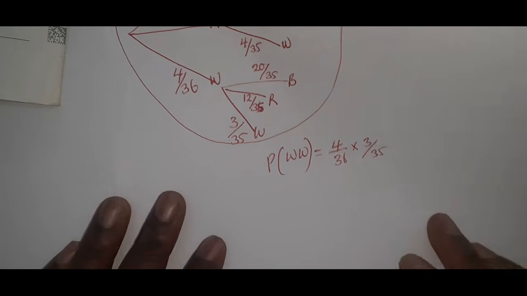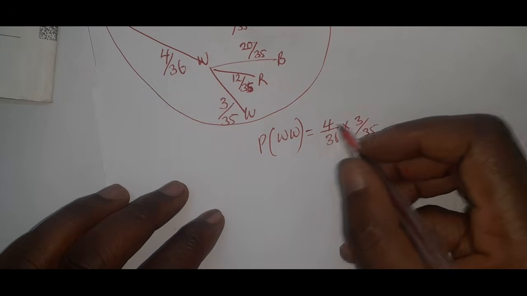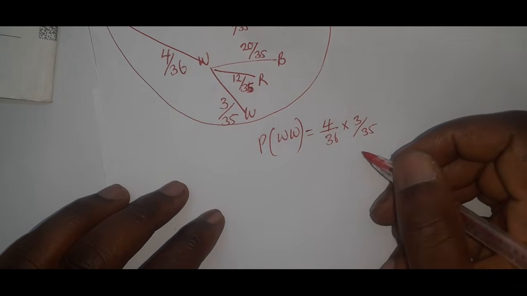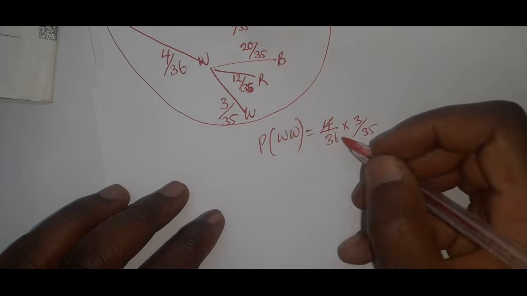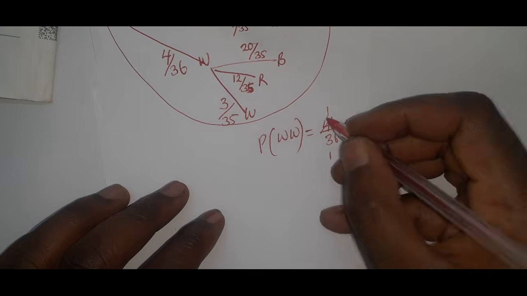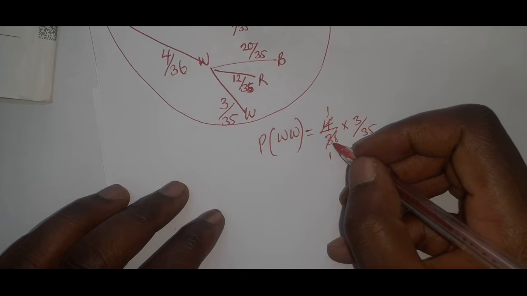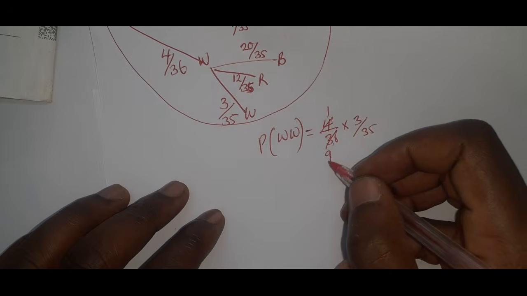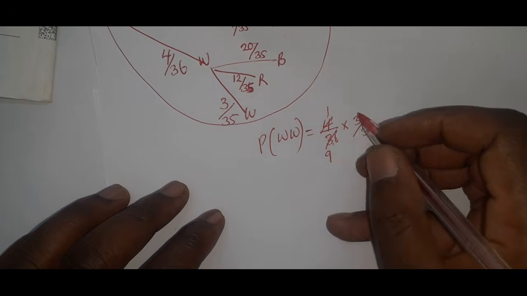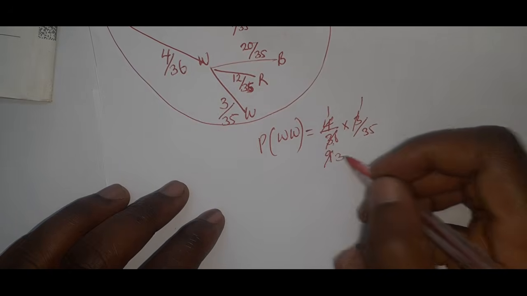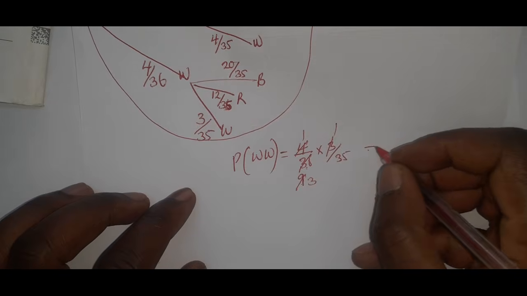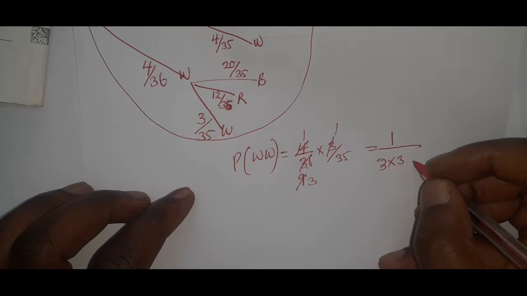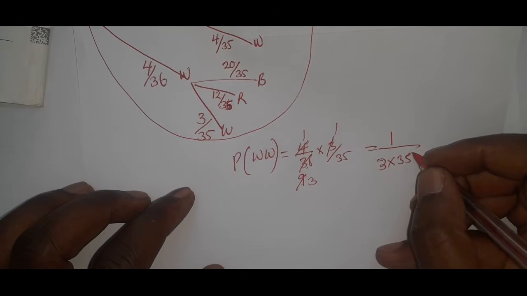Okay, so if we simplify this one, 4 here is 1, 4 here, how many times? 9, isn't it? 3 here 1, 3 here 3. So we are going to have 1 over 3 multiplied by 35.